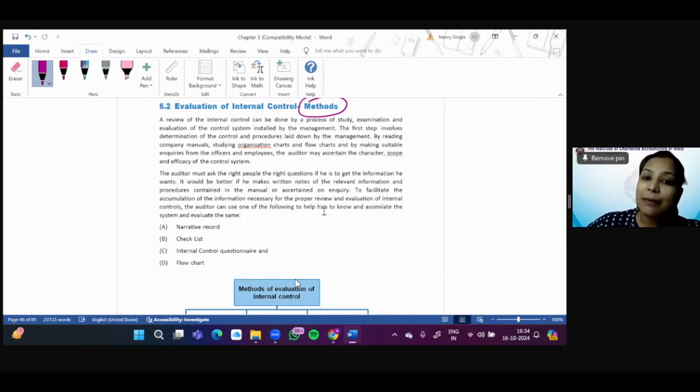So when he's gathering and accumulating various information, he may follow various methods, which are narrative record, checklist, internal control questionnaire, and flowchart.